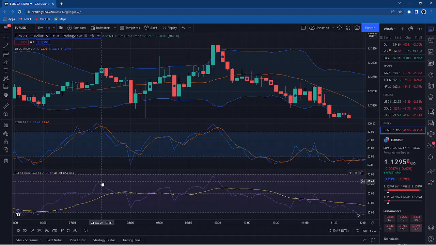And as we know, the market more often than not moves in the direction where the strength is stronger. So wherever there is a stronger currency or a stronger asset, the market has a tendency of leaning in that direction.